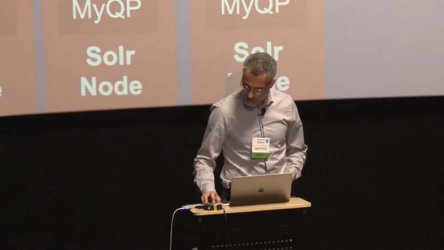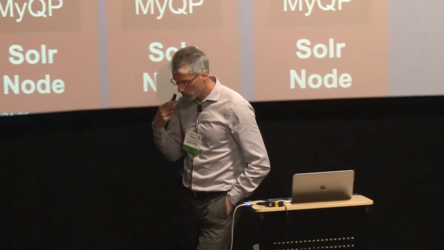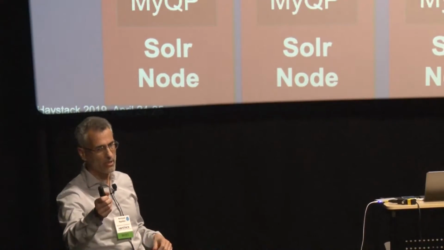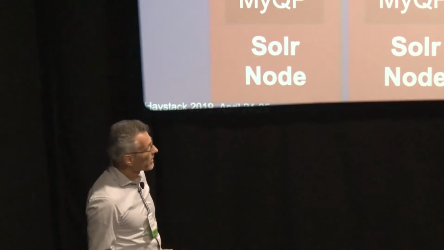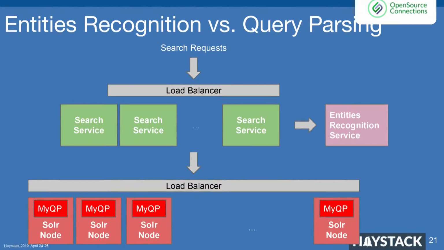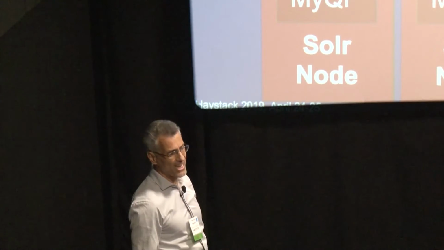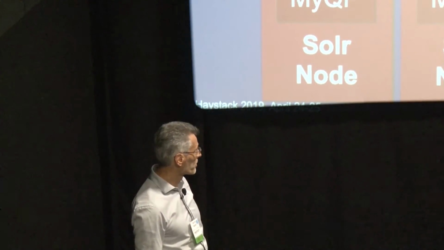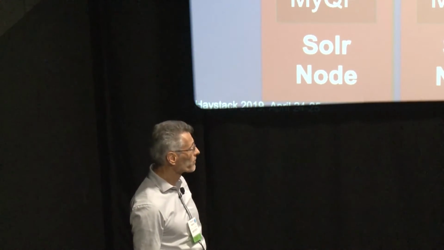Last consideration, if there is time, maybe 1 minute. When you think about your query parsers and your query parsing pipeline in general, and again, Tom had a nice slide on this, you may want to think about where things fit the best. So for example, if you do complex entities recognition and you have a service out there doing that, maybe this is something that your search service layer is handling before you give the query string, so to speak, to Solr Cloud or Solr.